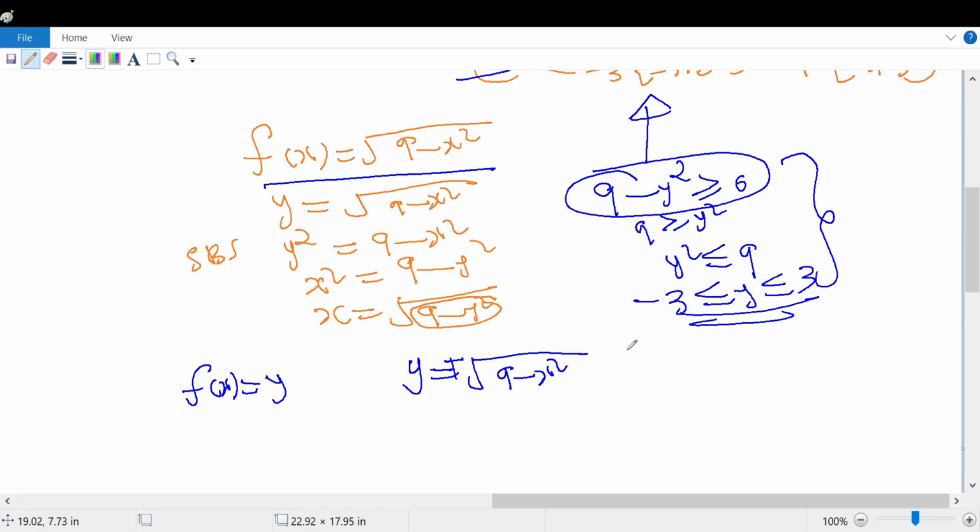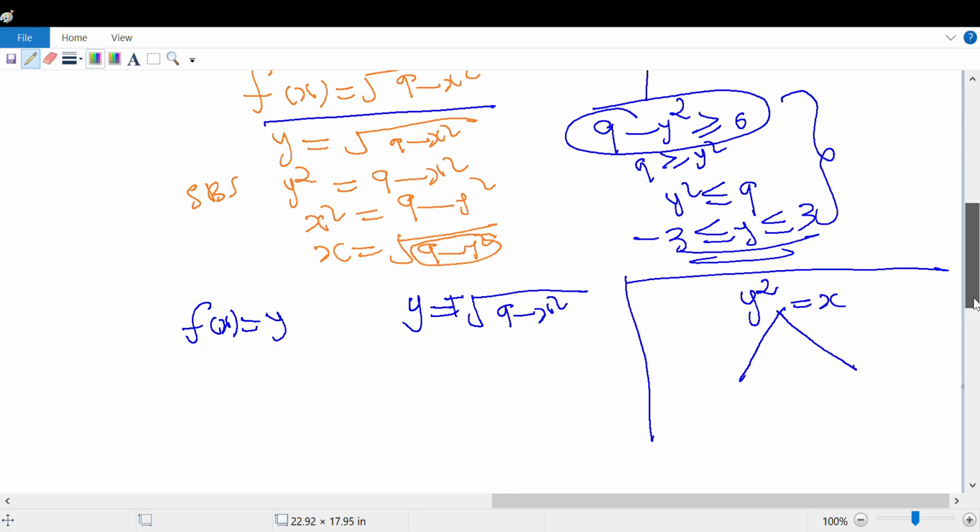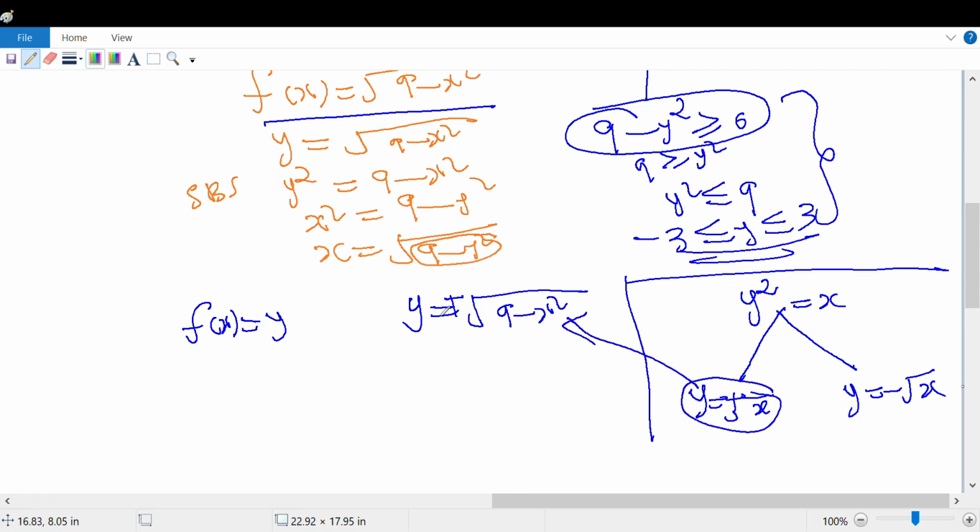The reason, suppose if I tell an example for you to understand here, suppose I took y square is equal to x. This y square is equal to x has two principal solutions. That means this can be y is equal to plus root of x. This can be y is equal to minus root of x. So this is actually in this category. So this is already a positive sign. Suppose if you get the question like this, you can take it as completely negative.